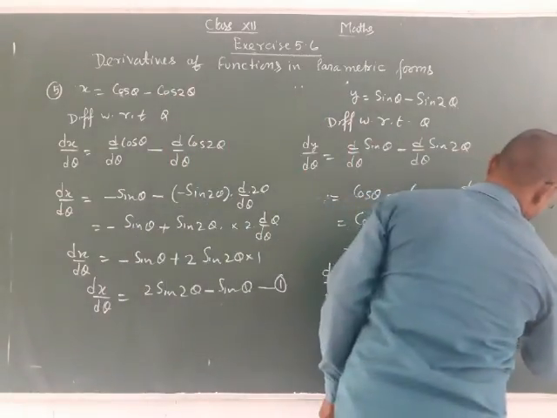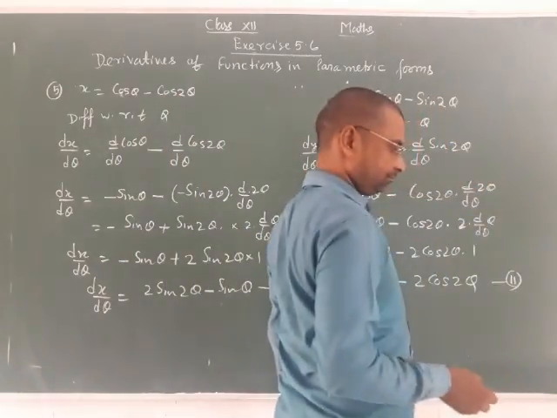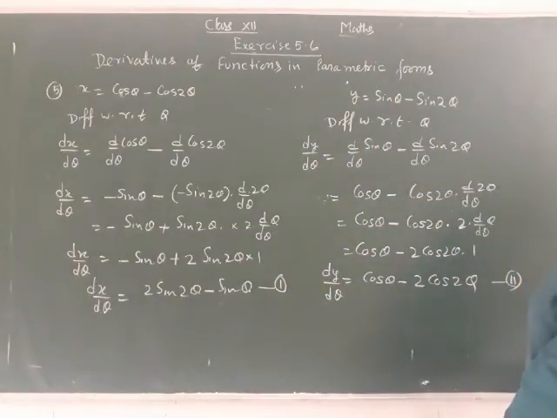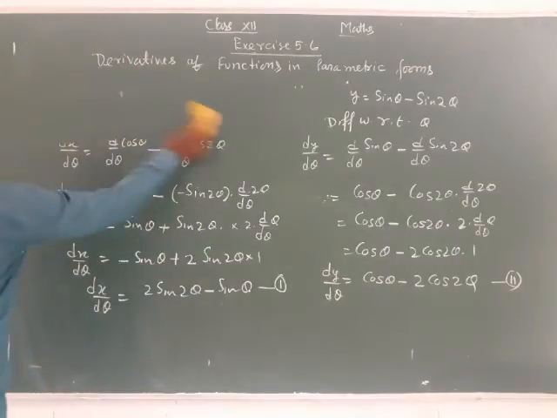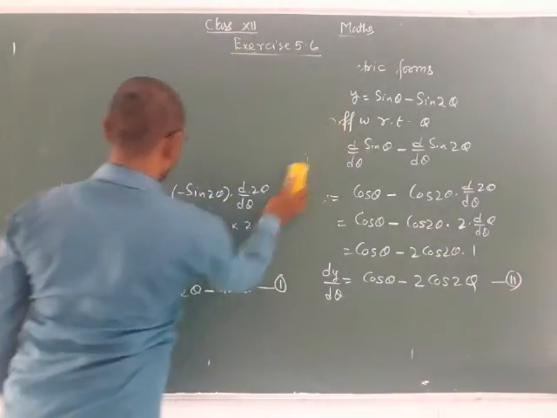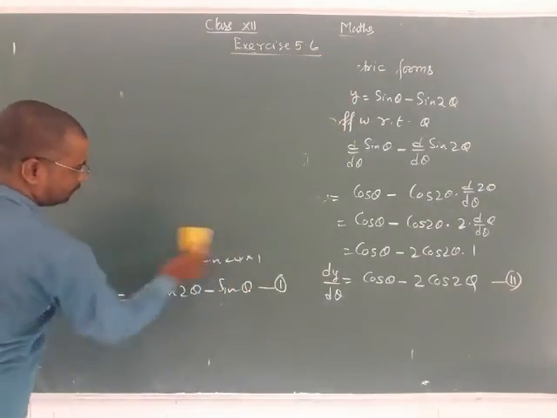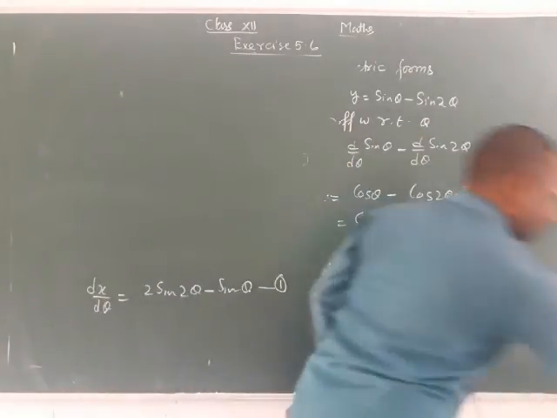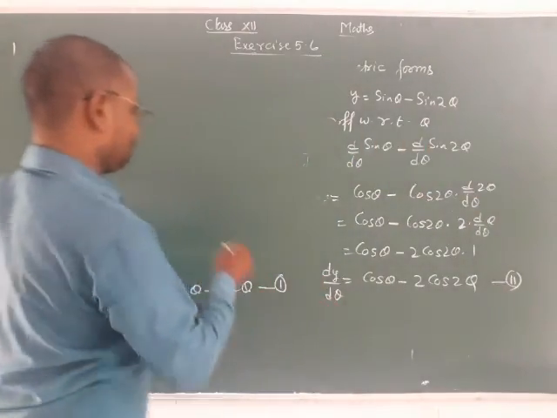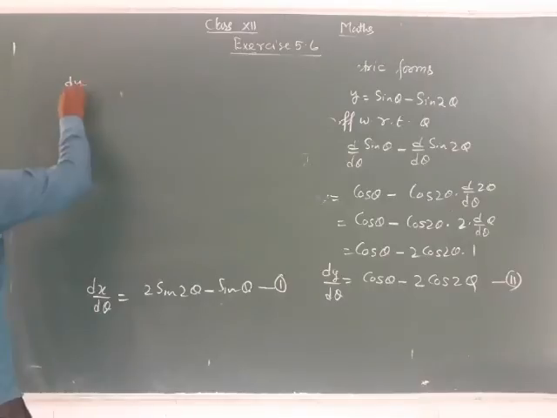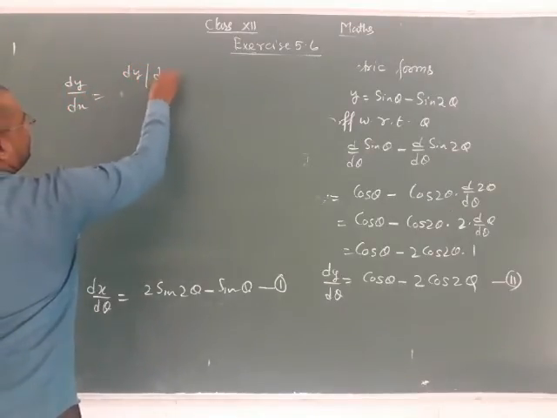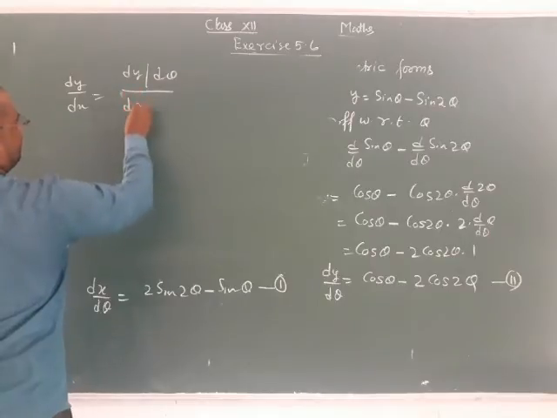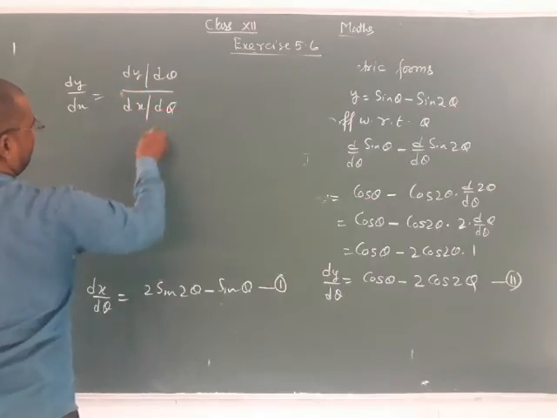Now take the second part and divide. So dy upon dx is equal to dy upon d theta upon dx upon d theta.